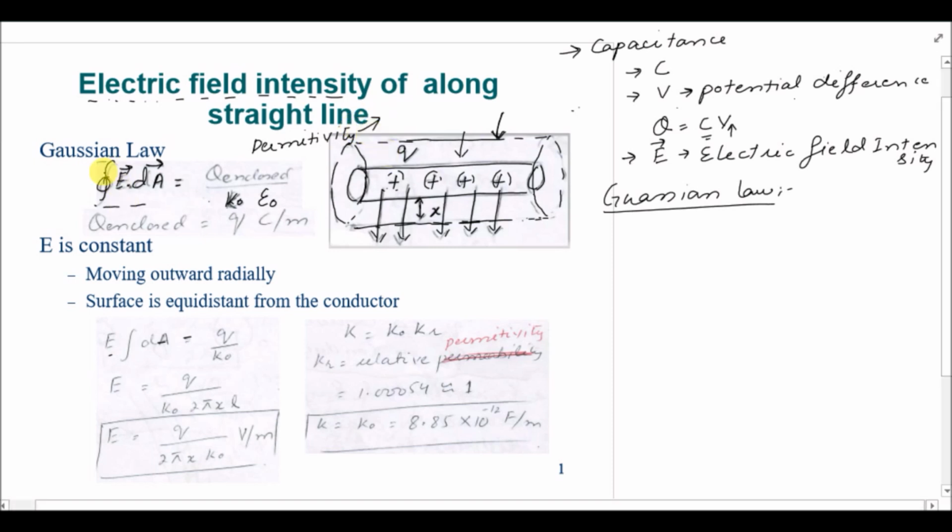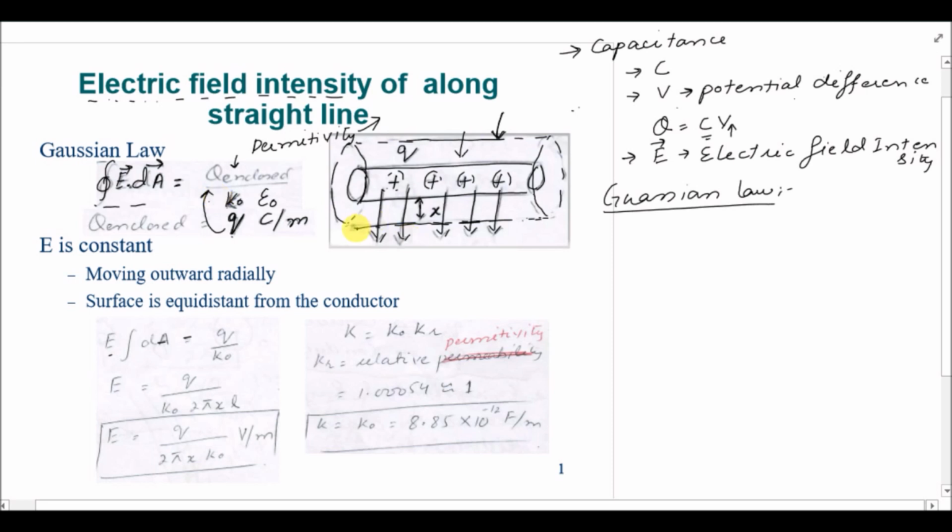So Gauss's law states that the closed integral of electric field intensity is equal to the charge enclosed by the closed surface, which is the Gaussian surface. This charge enclosed is the same charge that is placed over the surface of the conductor. If the value of the charge is Q coulomb per meter, it will be replaced by Q enclosed in this formula.